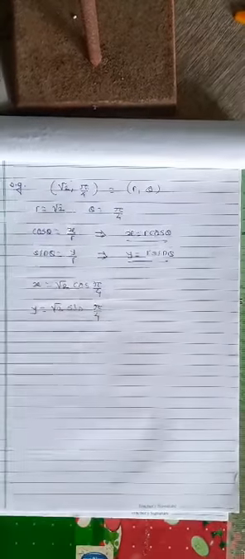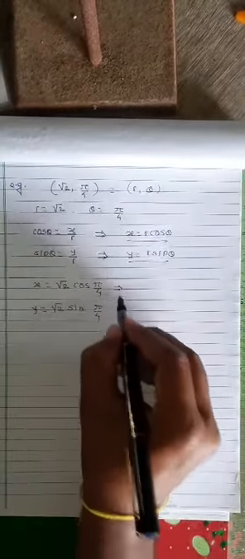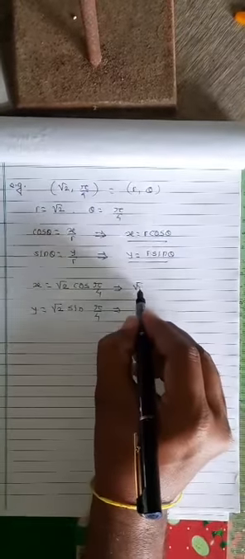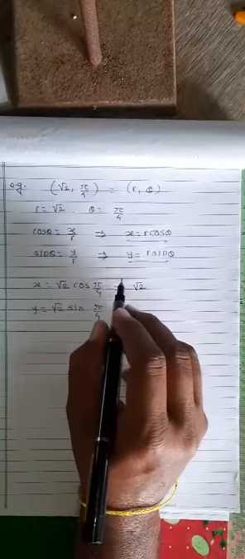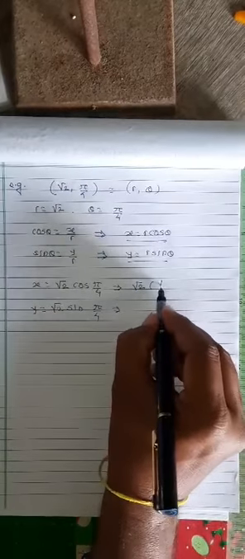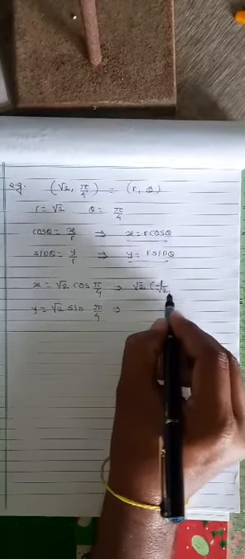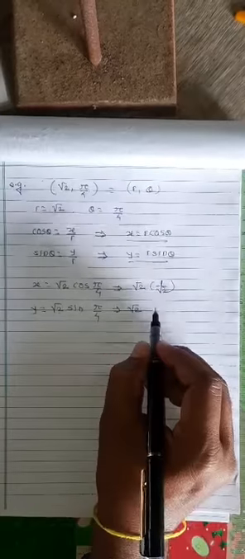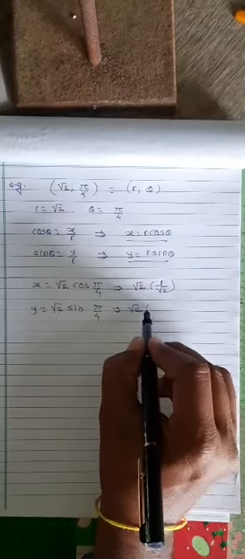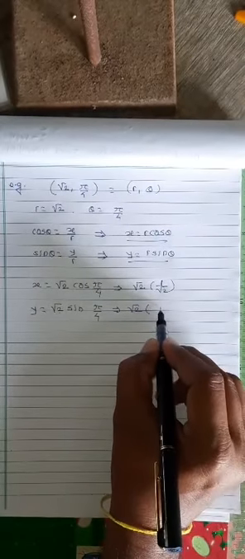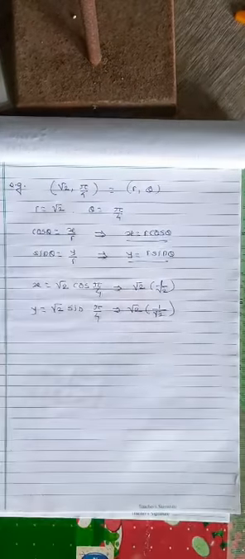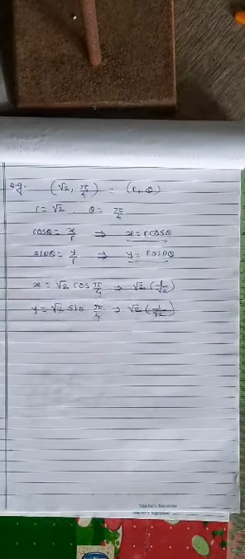Root 2 is as it is, and the value of cos pi by 4 is 1 upon root 2. Also root 2 is as it is, and the value of sine pi by 4 is also 1 upon root 2.